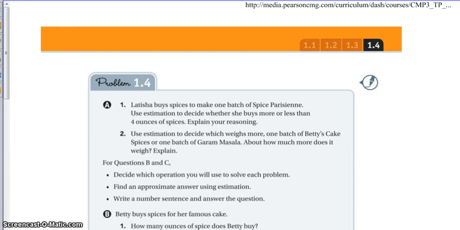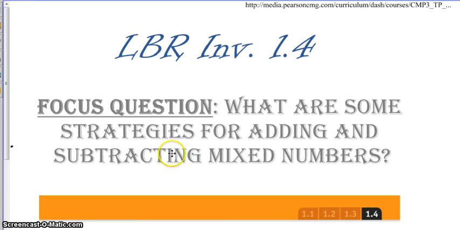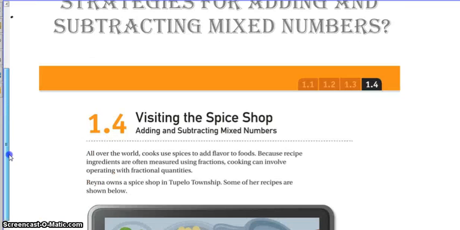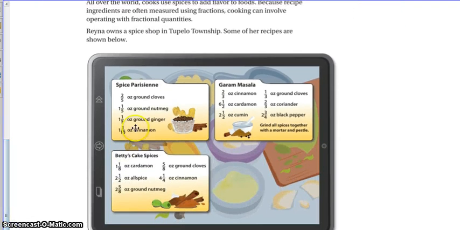So I'm going to go back here to our wonderful little picture, and we are making this recipe right here. Okay, and so we need to determine whether or not it's more or less than 4 ounces.